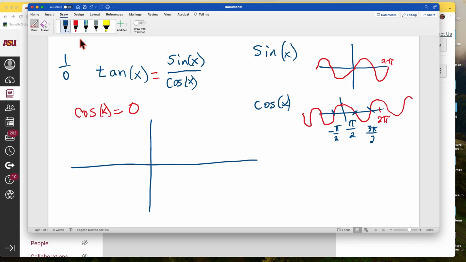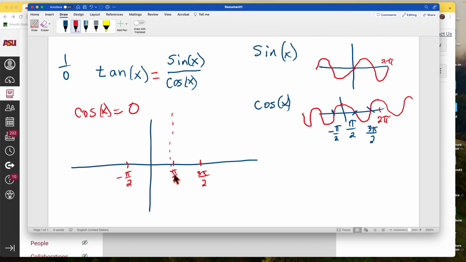So what we can do here is set up the tangent function at pi over 2 and 3 pi over 2, and then at negative pi over 2, because that's where cosine equals 0.